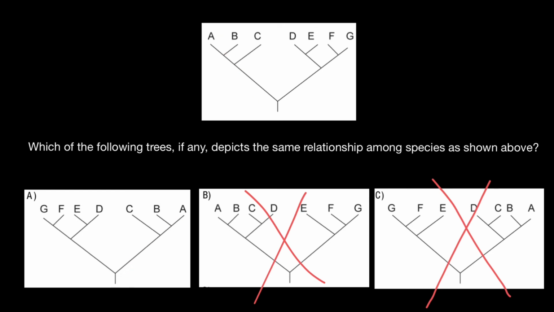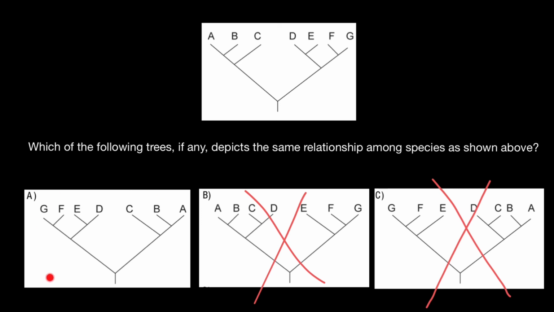So basically what we see here and here is going to be a mirror reflection. For example, species F and G are related and have a recent common ancestor. E and G are also sister species and have a recent common ancestor, and species E and D, as well as species G and F, are on the same internal branch, just like we see in this picture.